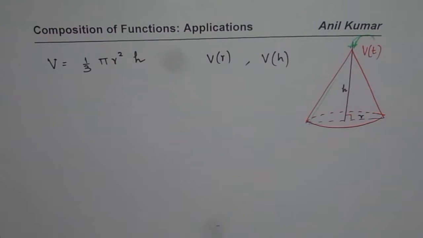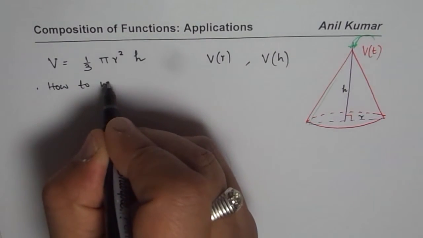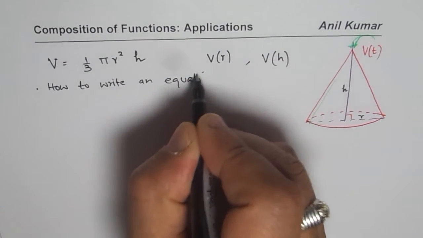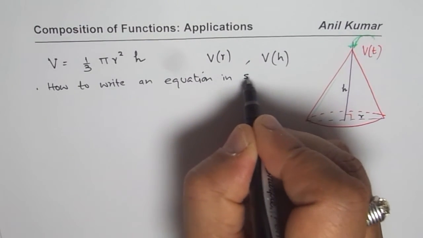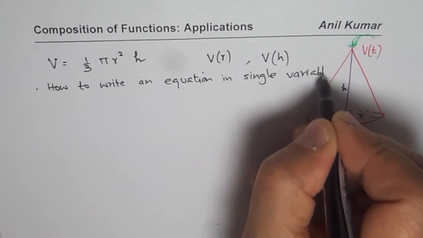We are going to solve such questions in calculus or in advanced functions, but for the time being, let us first understand the basic thing, and that is how to write an equation in a single variable. That is first and foremost.